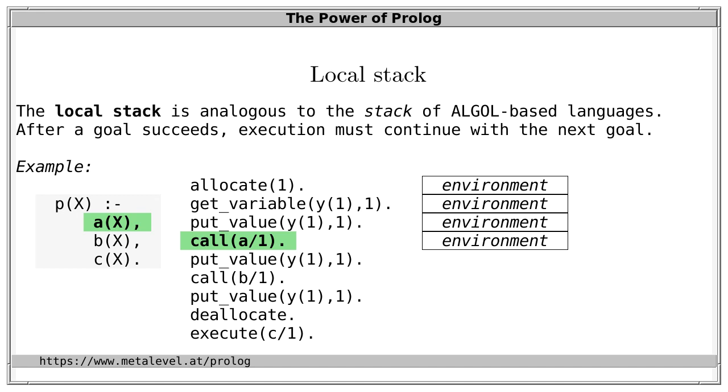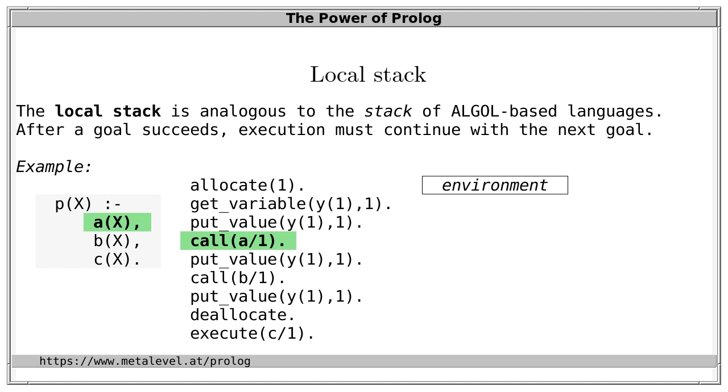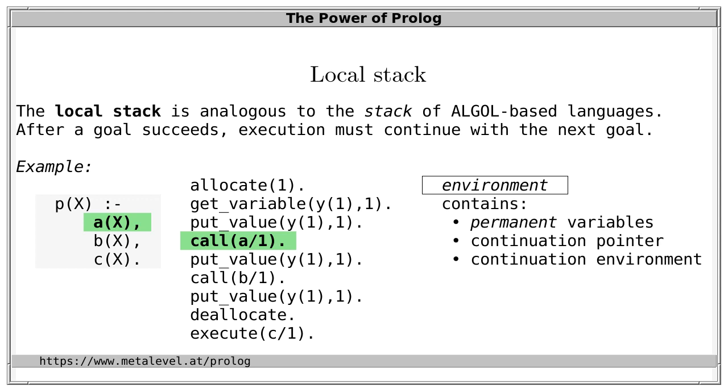And they, of course, can also allocate environment frames on the local stack. So stack frames accumulate on the local stack. And as the goals in the sequence are proven, the allocated environments are deallocated one by one. And then we end up with only our original environment, which contains the permanent variables of this rule.